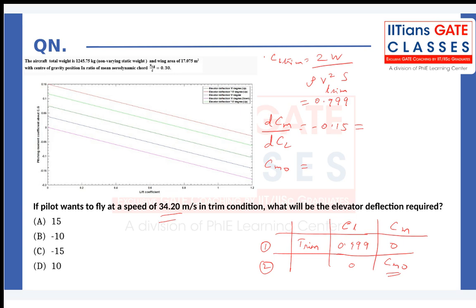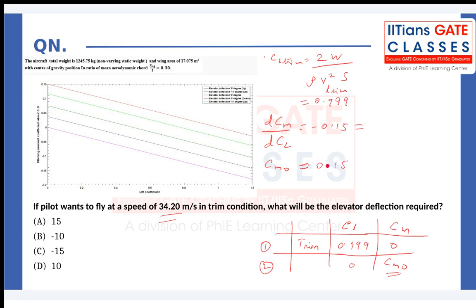Okay, your CL trim, if you take more decimal places, goes closer to 1, and I got CM naught as 0.149. Correct? So take it approximately as 0.15.